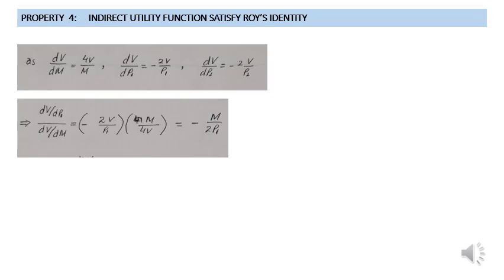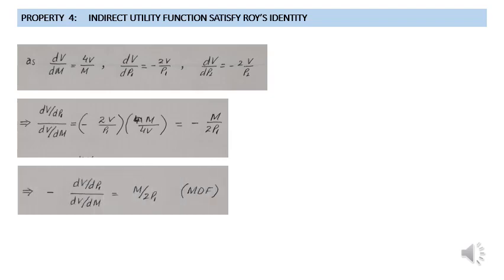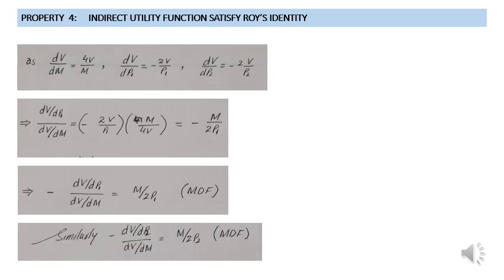So we have taken the two ratios and we got minus m over 2p1. We did it for the first commodity, and we can see here this is exactly the Marshallian demand function. You can verify it from your previous example that it's the Marshallian demand function, and similarly if we do it for the second commodity, it will be the Marshallian demand function for the second commodity. So Roy's identity is well verified.